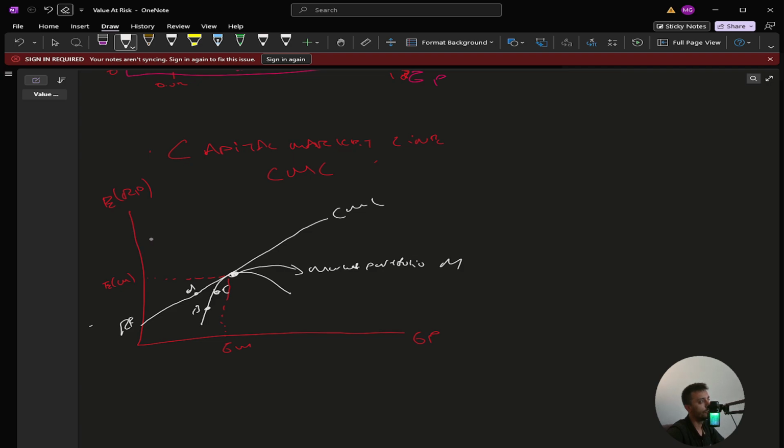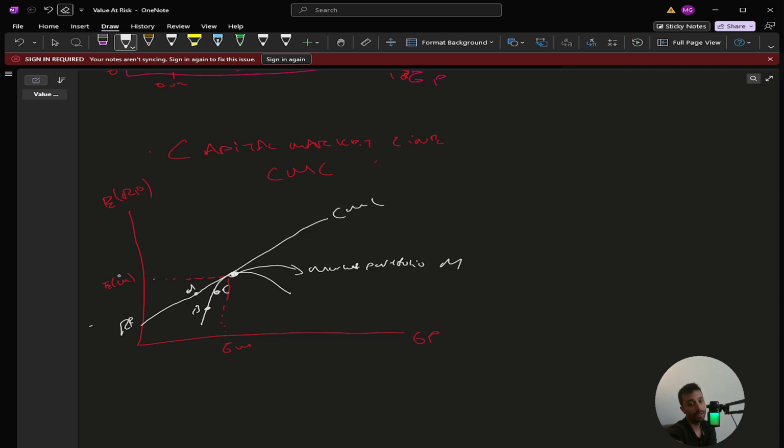The y-intercept is the risk-free rate of return. This is the capital market line, assuming investors have identical expectations regarding expected return, variance, standard deviation, and covariance, correlation.